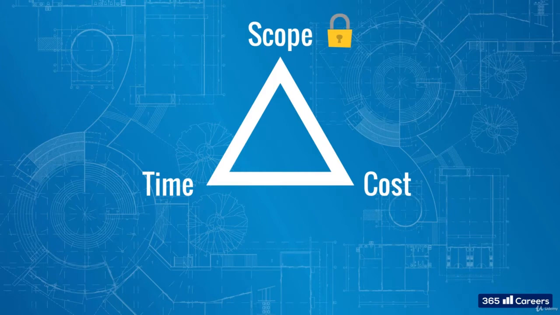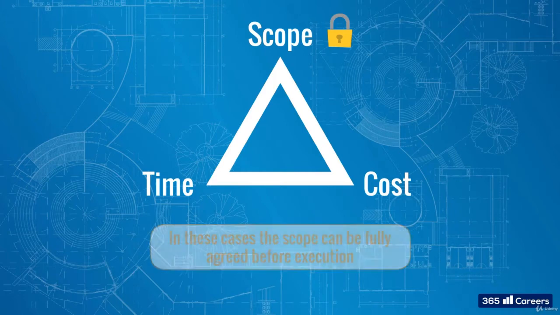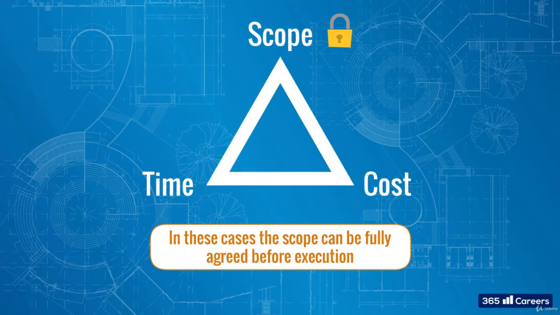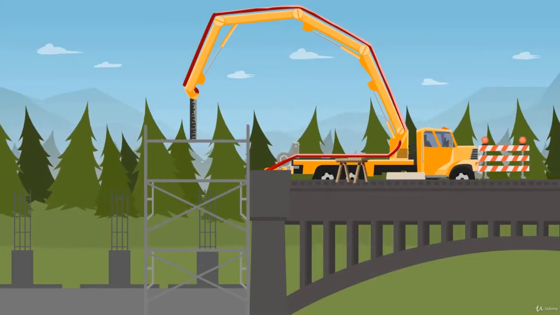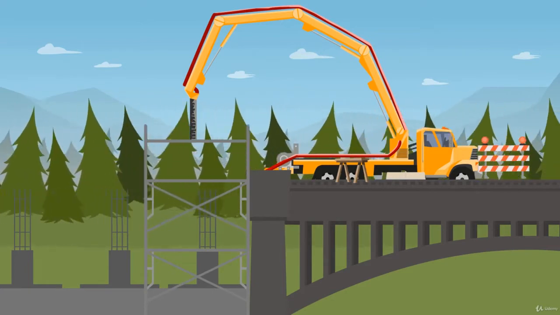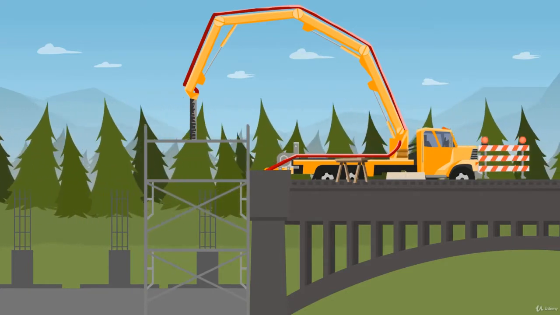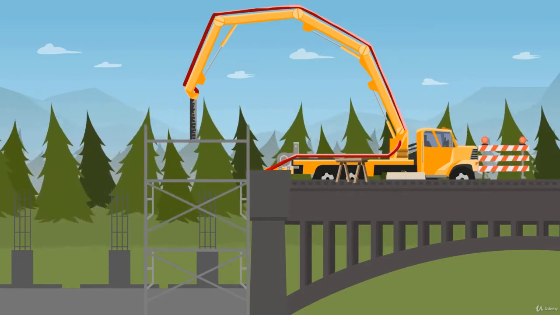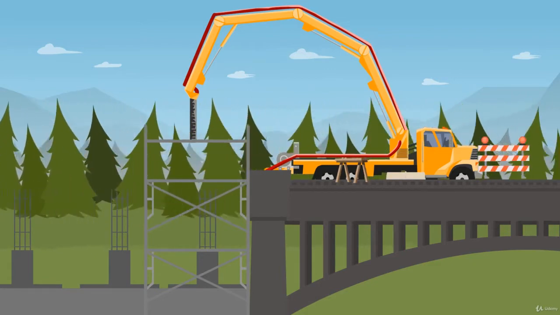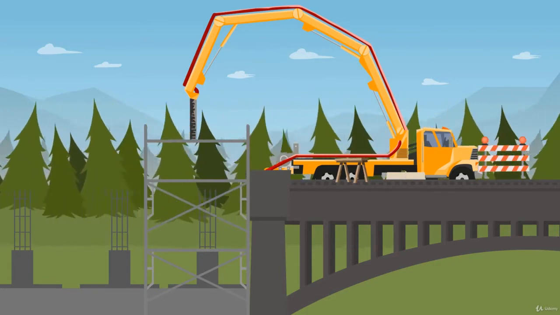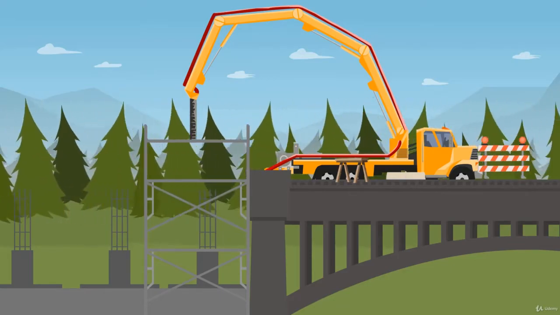The project management triple constraint laws. In these cases, the scope can be fully agreed before execution, identifying in advance all dependencies between the project activities. Public projects or construction projects in general are a classic example, as there is a strict sequence. The architectural, engineering, and design plans have to be locked, and then strict standards will be applied during the construction work.